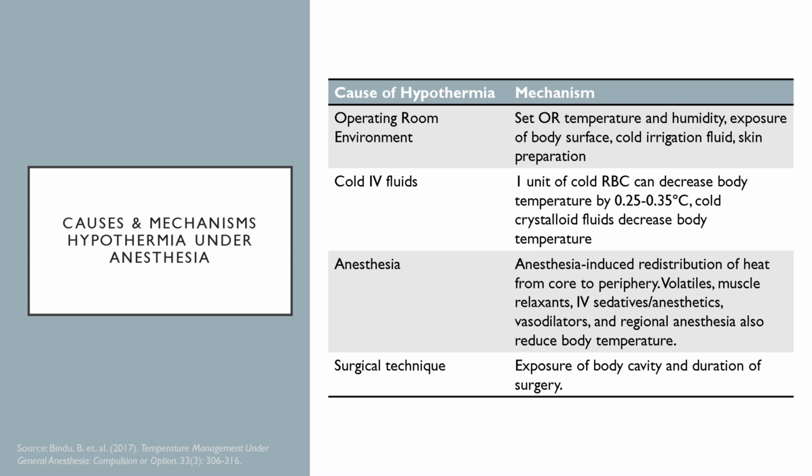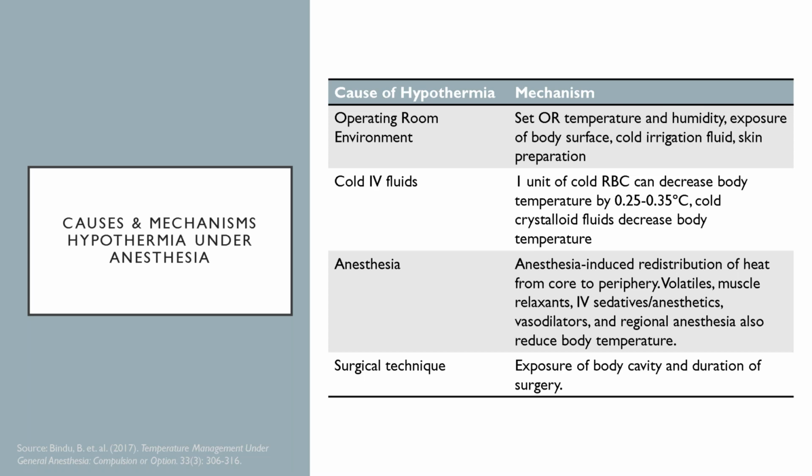Anesthesia. Probably the biggest and most important right off the bat is anesthesia-induced redistribution of heat from the core to the periphery. That's going to be the case with virtually all anesthetics and almost all anesthetic techniques.